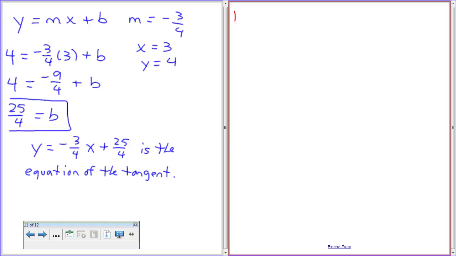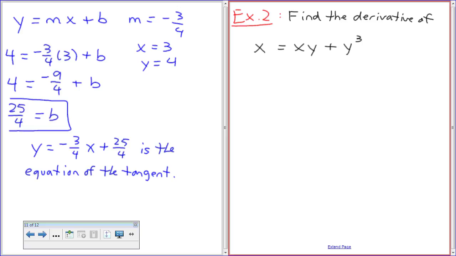So example 2 says... I'll make this equal 4 instead of equals x.